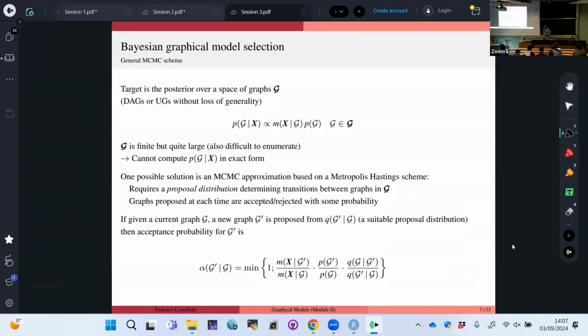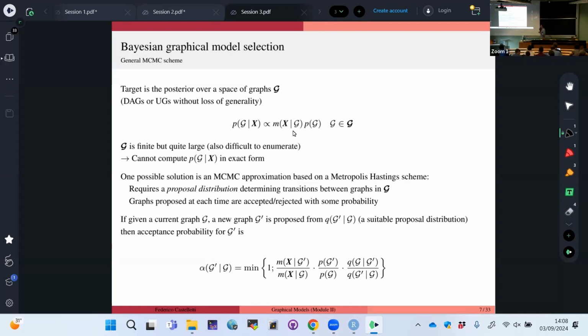And this posterior distribution is, as we know, proportional to the product between the marginal likelihood and the prior on the model graph, in this case, G. As we said, we cannot compute exactly this posterior probability, because we don't have the normalizing constant, which would require a sum over all possible graphs that we cannot easily enumerate. So we would like to approximate this quantity.